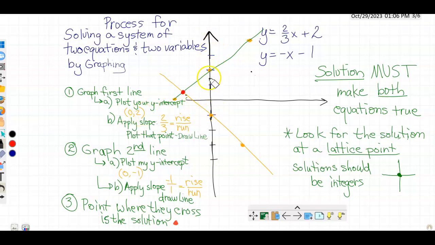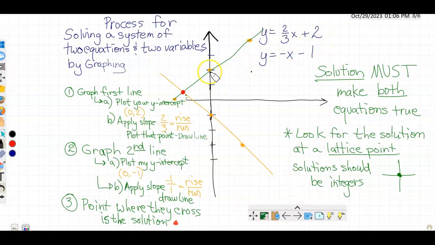So any point on this axis, the value of x is 0. And you can see if you looked at this equation, if I plugged in a 0 right there for x, then when I multiplied 0 times 2/3, it would equal 0 and disappear, which means all I would have left is y equals 2. So that's how that works.